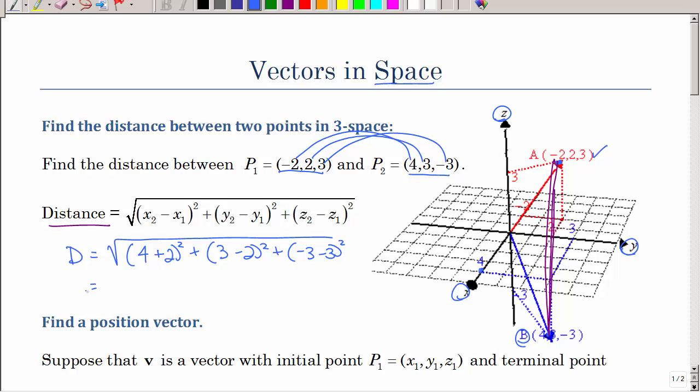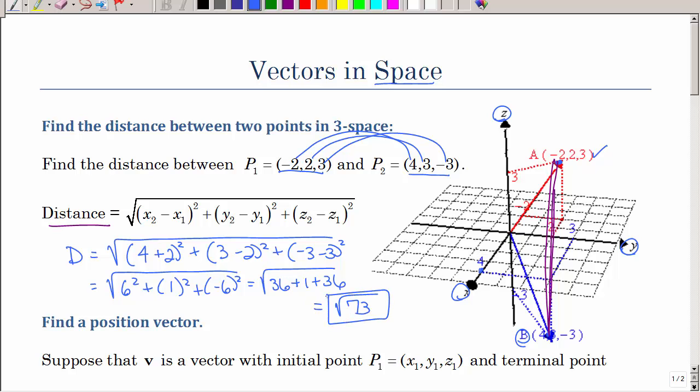You just want to keep your order consistent. So we would have the square root of 6 squared, and 1 squared, and -6 squared. That would be 36 plus 1 plus 36, so we would have the square root of 73. And that would be the distance between those 2 points.